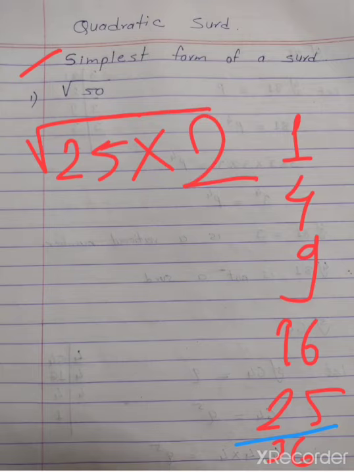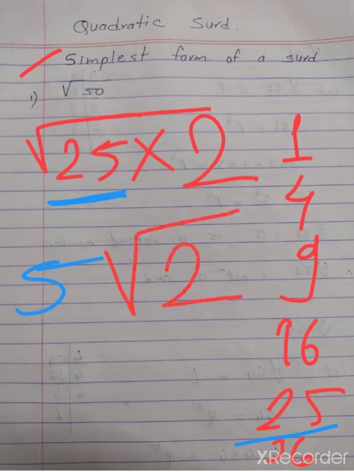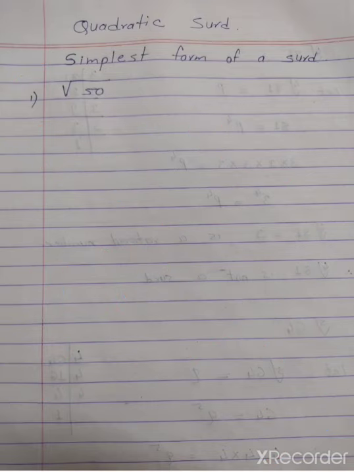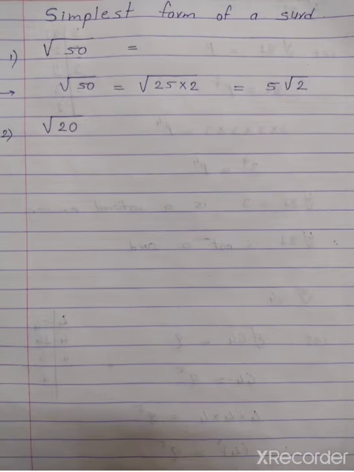Now 25 is a square of 5. So take this 25 outside the radical sign. When it comes out, it will become only 5, and in the radical sign the radicand is only 2. So this is the simplest form of root 50. Let us solve one more example.